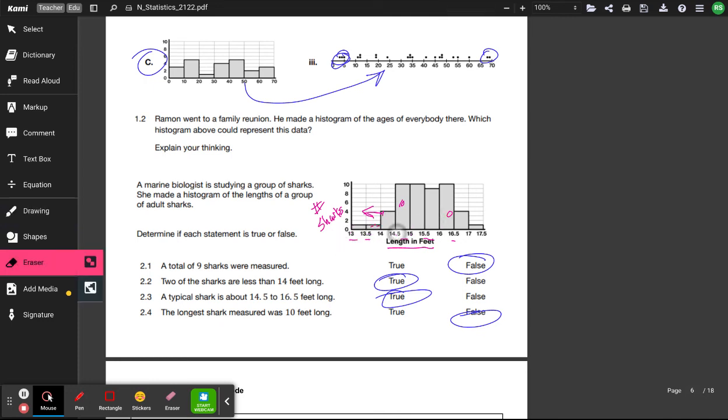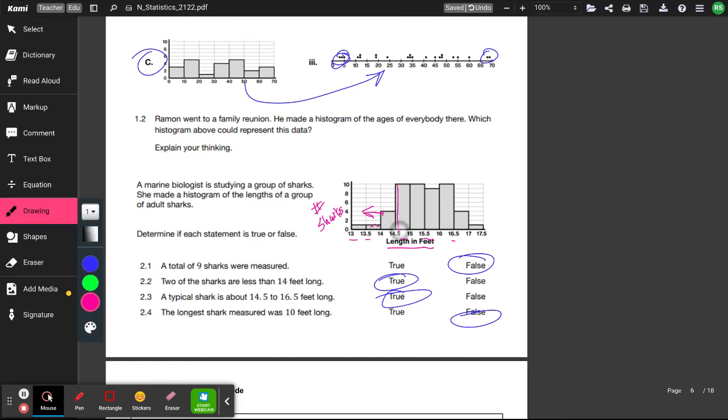Well, let's think about where the majority of our data falls. We take a look at our biggest bars. We have 10 sharks, 10 sharks, 9 sharks, 10 sharks. That ranges from 14.5 to 16.5. As we get further out, those number of sharks decreases quite dramatically. So yes, I'd say the average is between 14.5 to 16.5 feet long.